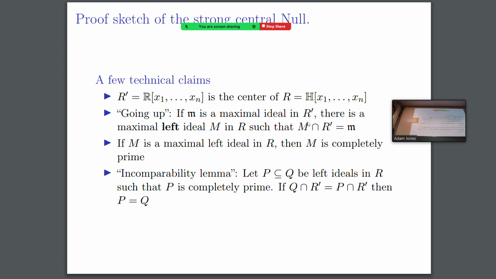Finally, we have the so-called incomparability lemma, which states the following. Suppose you have two left ideals, P containing Q, such that the smaller one is completely prime. Then, if their contraction to the center is the same, they are already the same ideal in the ring you start with.